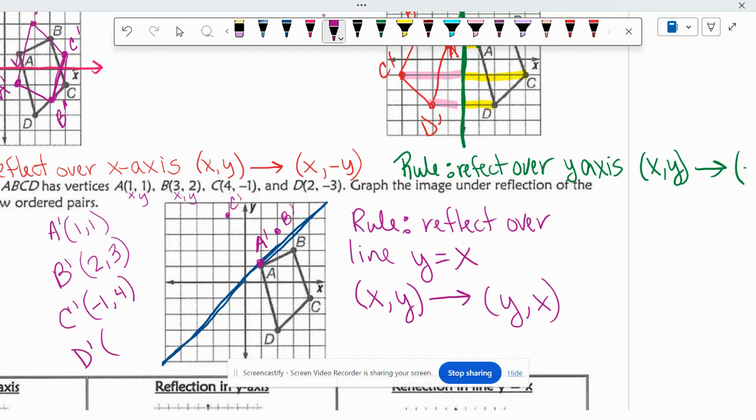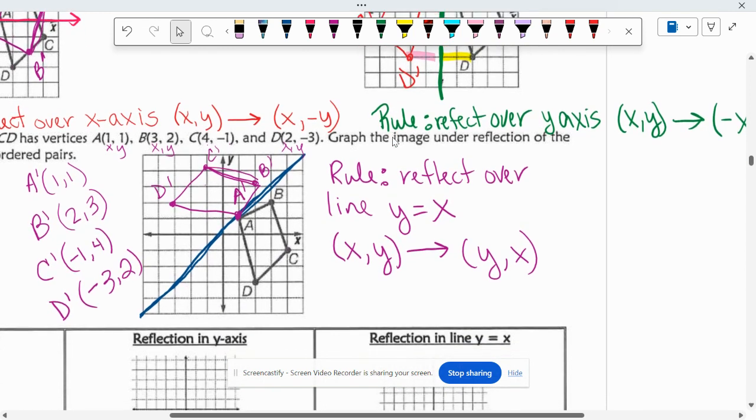And D prime, remember I'm just changing the order. X, comma y, I write it as y, comma x: negative 3, comma 2. So C prime is at negative 1, 4, and D prime is at negative 3, 2. So my reflected image looks like this.